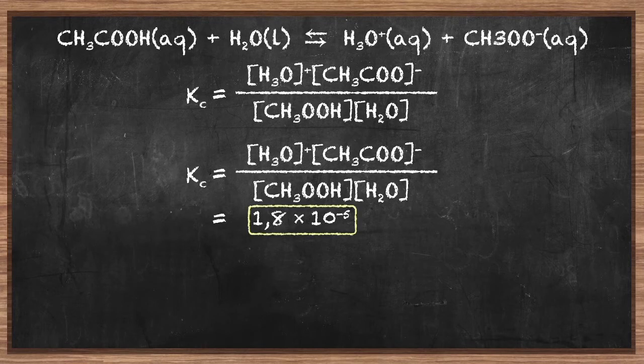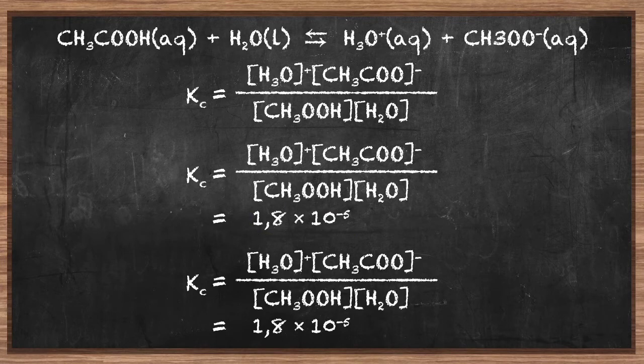This very small value shows us that very few ethanoic acid molecules ionize in water. We call this expression for the equilibrium constant of an acid Ka. The values of Ka are determined for common acids.